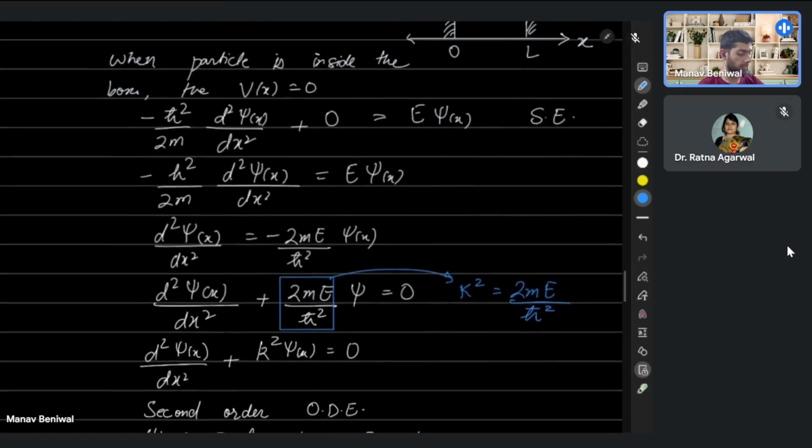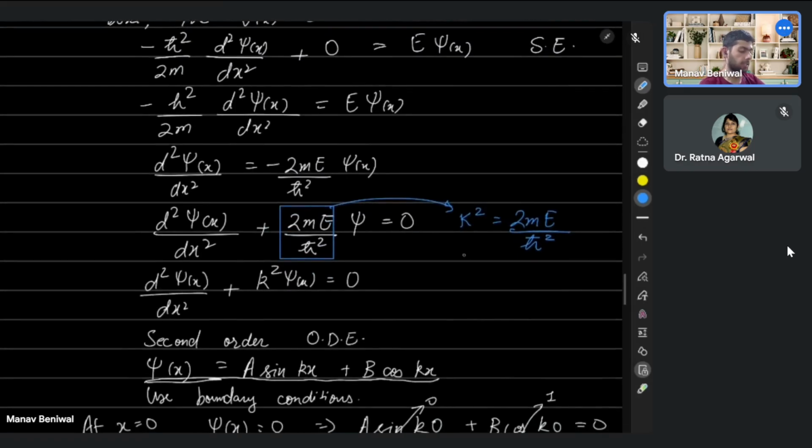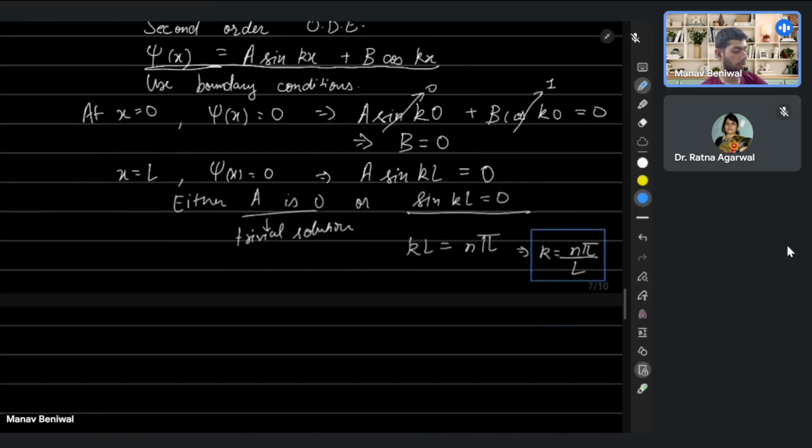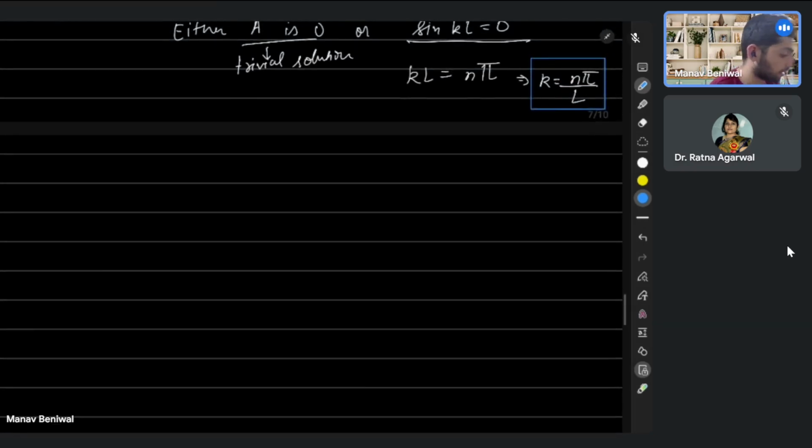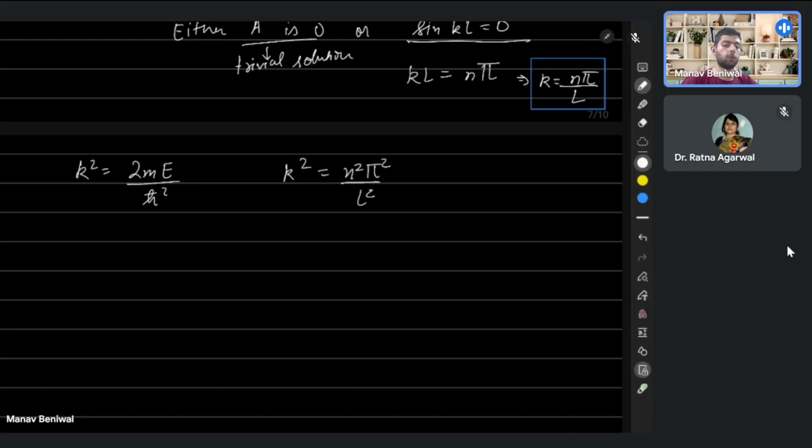Okay, and we already had equation 1 here, that k squared is 2mE over h cut squared. Let's rewrite both of them. So we have k squared is 2mE over h cut squared, and from this equation we have k squared will be n squared pi squared over L squared. So we can then equate both the equations.